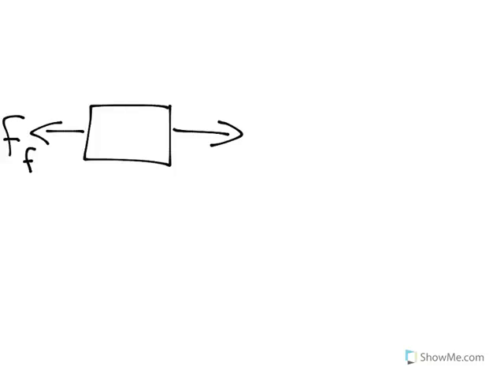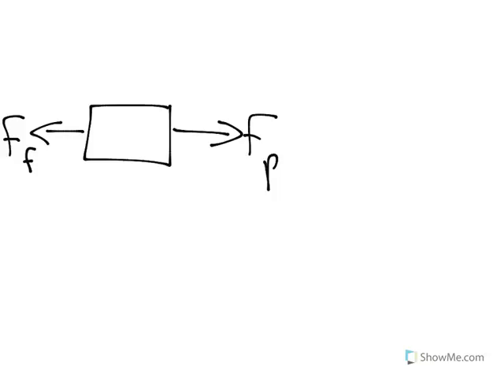So in our more complicated example, we have someone dragging a suitcase behind them, and they're exerting a force in the forward direction, and friction is exerting a force in the backward direction. So we'll have force of friction and force of pull. I'll use letters to represent that. What we mean by that is the force of pull is putting work into the box, even if it's not accelerating. And the force of friction is taking work out of the box.